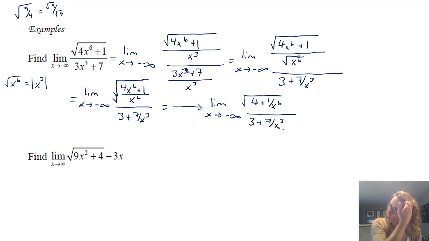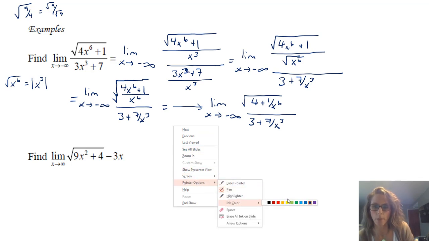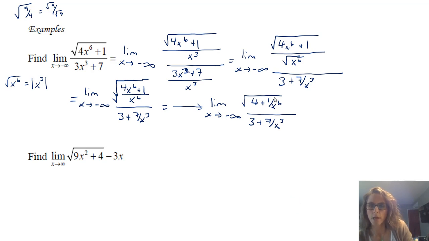And really what I want you to see is something we talked about in the last one, which is that anything with a division by a variable, especially anything that has a constant, when we look at this limit, this piece is going to go to 0, and this piece is going to go to 0. Okay, and that's important to see.